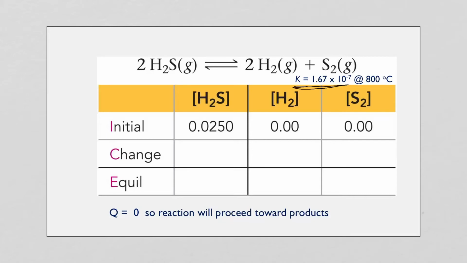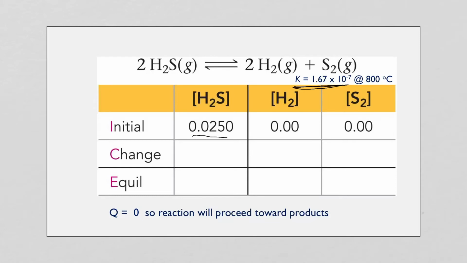So we can initially see that this is a small value, right? This is a very reactant-favored equilibrium, and so we don't expect much product change or much product formation based on this equilibrium constant.